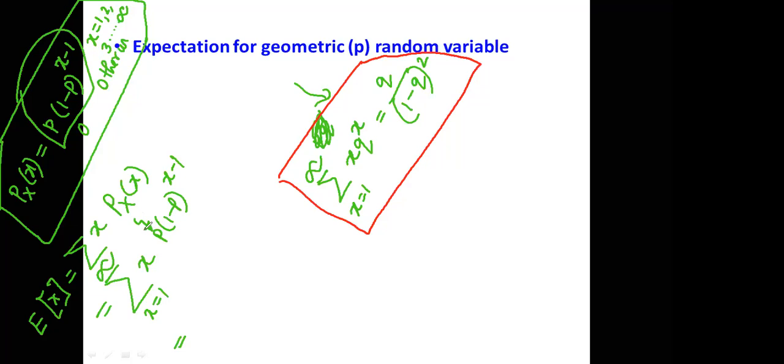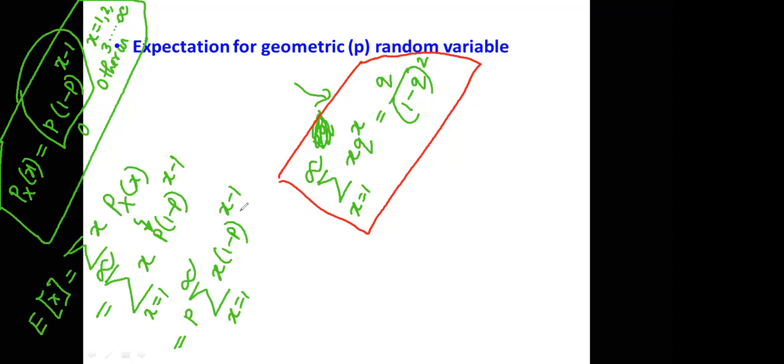There is no x variable inside p. So can we take this p outside the summation? Yes, sir. It is constant. We can take it outside. So we can write it like p into summation of x equal to 1 to infinity, x into 1 minus p to the power x minus 1.